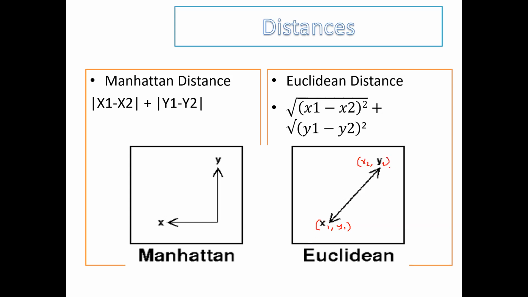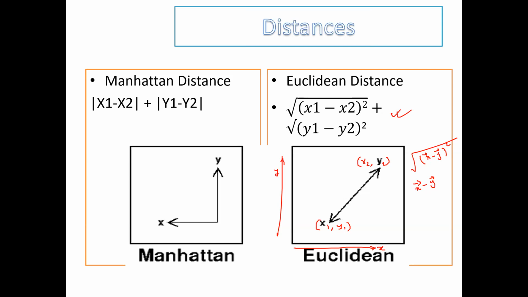The points are not x and y. This is the y-axis, this is the x-axis, and then this formula is correct. If the points are x and y, it will be x as a vector minus y as a vector, and then the root. Basically, x as a vector minus y as a vector. That will be the formula.